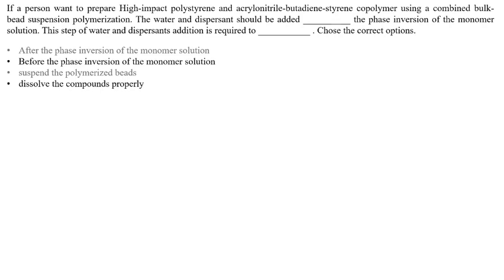These beads don't coalesce and fall back together, so for that purpose you have to disperse them. That's the exact reason why water and dispersants are added: to suspend the beads properly in the solvent. So the first blank is after the phase inversion of the monomer solution, and the second blank is suspend the polymerized beads.